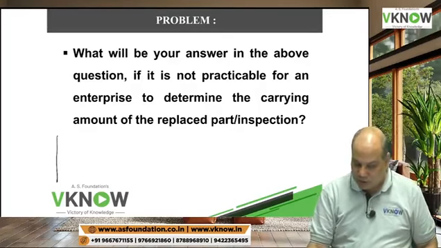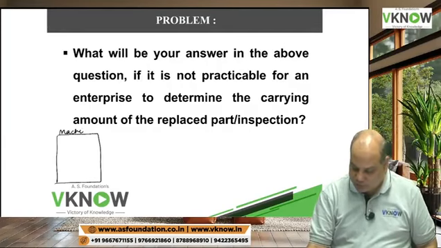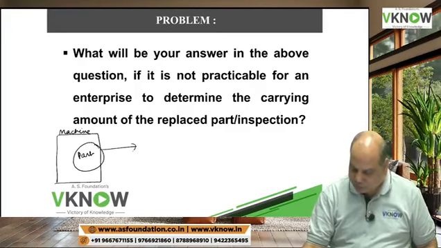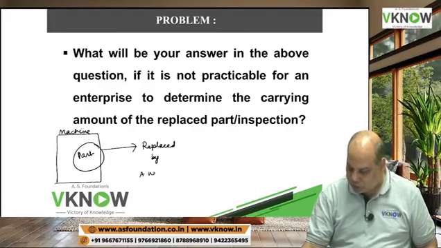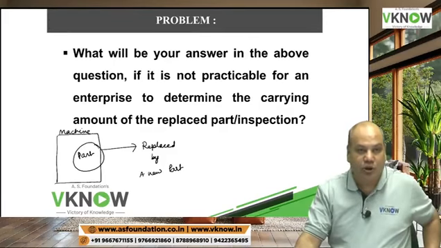I will explain it one more time. This is, suppose, a machine. This is a part of this machine which needs to be replaced by a new part, because the machine may have a longer life, and that part may have a shorter life.